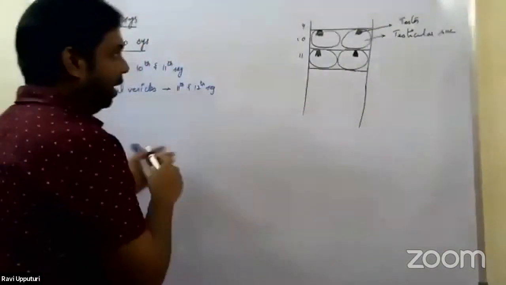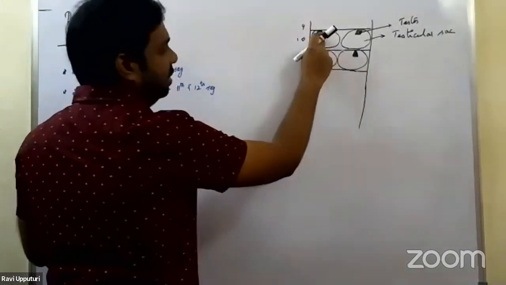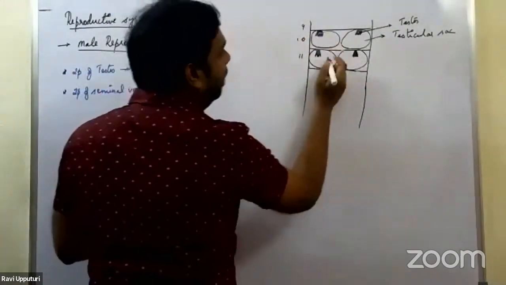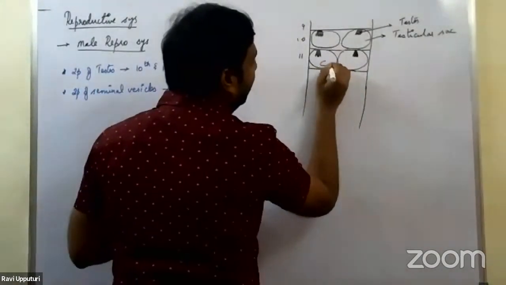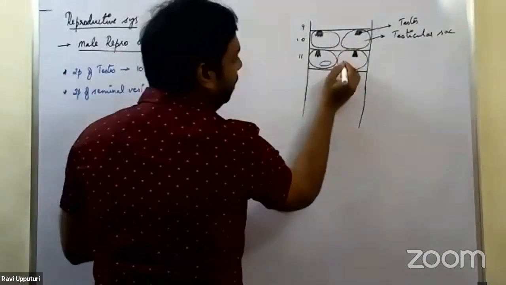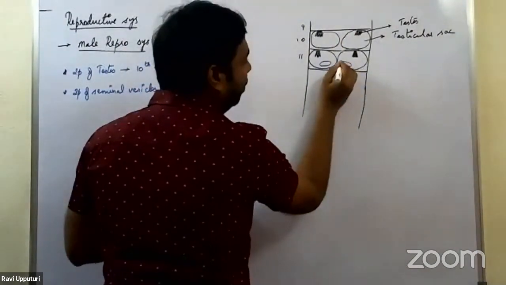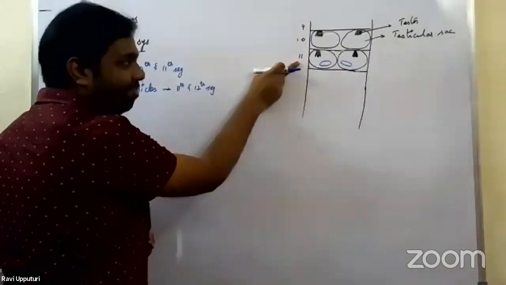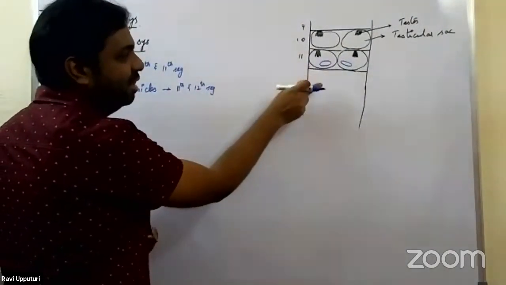Let me start doing that. So we have the testis of segment number 10, and their seminal vesicles are in segment number 11. Same thing here also. Whereas the testis of segment number 11 will have their seminal vesicles in the next segment.